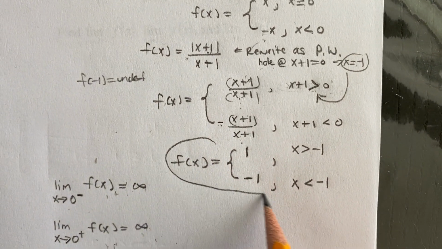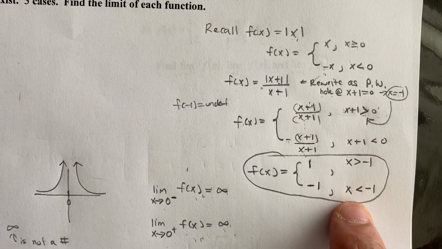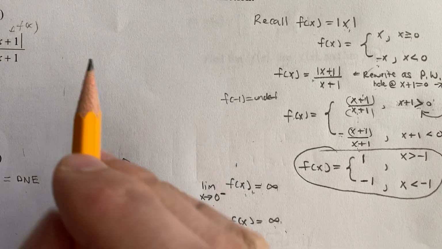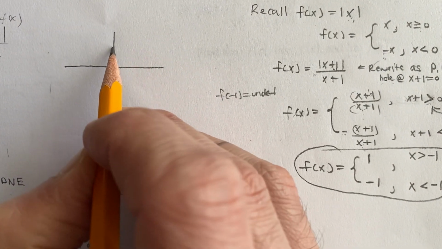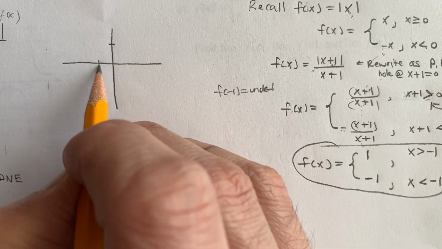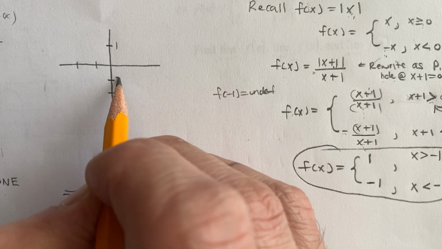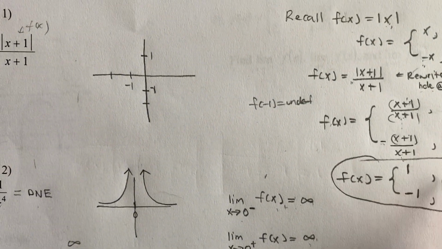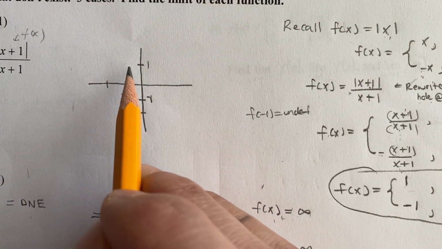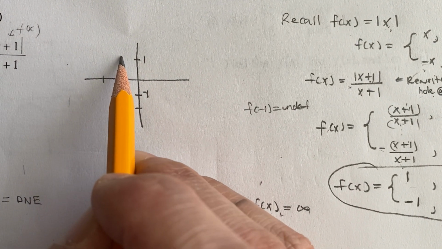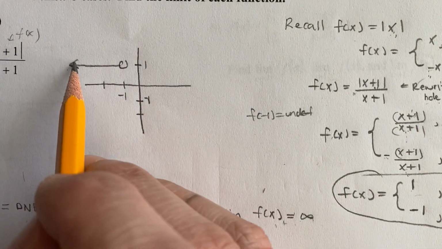Okay, so now you have the piecewise function, and you can graph this without much difficulty. So let's translate this to the graph. So the graph will look something like this. There's 1, negative 1, and negative 1, okay? So for x less than negative 1, I have the value of 1, and this is an open circle.